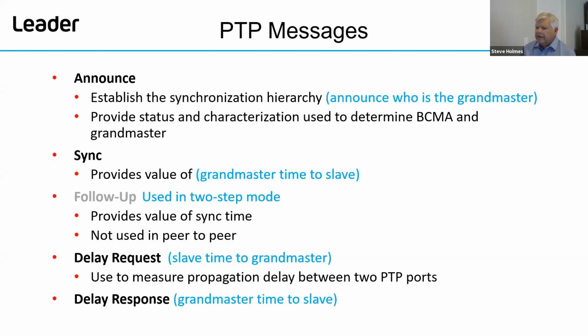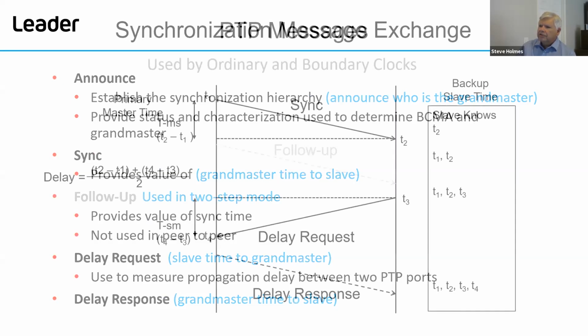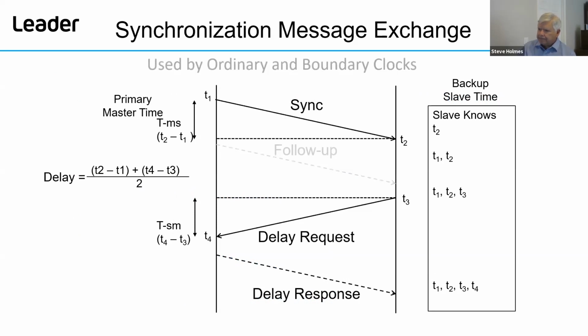Delay request is a slave talking back to the Grandmaster, and it's part of the negotiation between the slave and the PTP source of getting the slave's time set exactly to the Grandmaster. So what happens here is the Grandmaster puts out his time as a sync message to the receiver. The receiver on the right already knows his own time, which would be time 2.